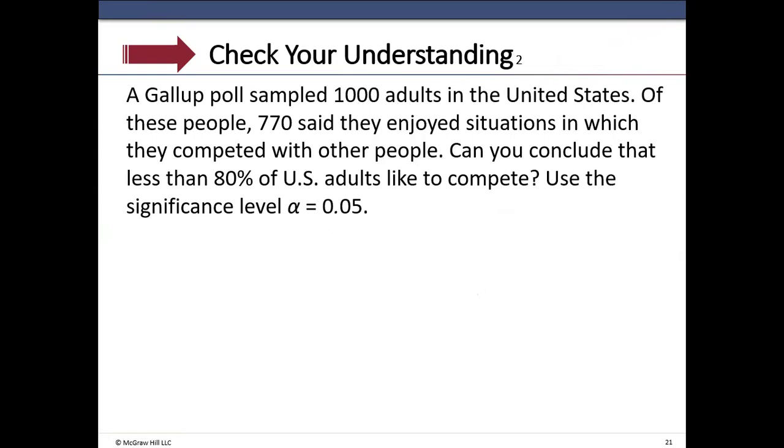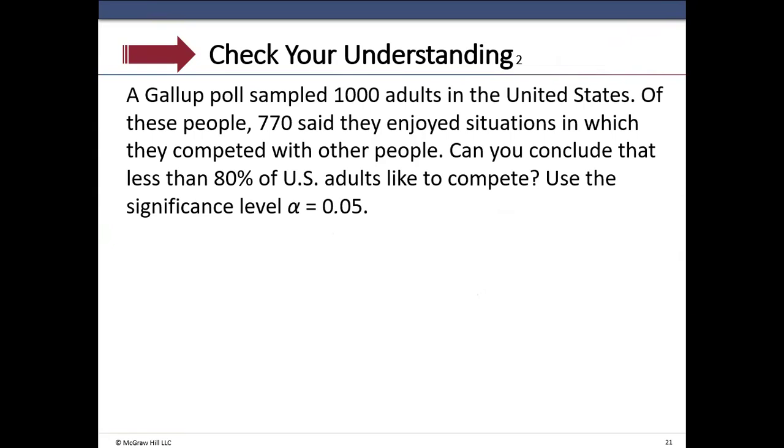So first I press the left parenthesis button, then 0.77, that is the P hat sample proportion, minus my value in the null hypothesis, 0.8, right parenthesis, divided by 2nd, x squared gives me the square root, inside the square root 0.8, then left parenthesis 1 minus 0.8, right parenthesis, divided by sample size of 1000.